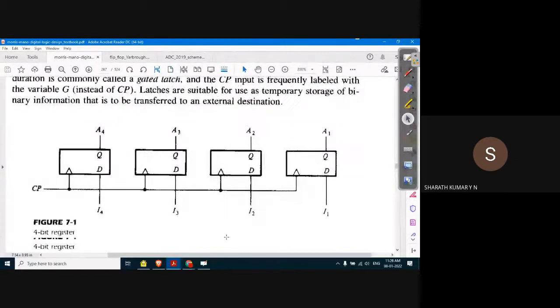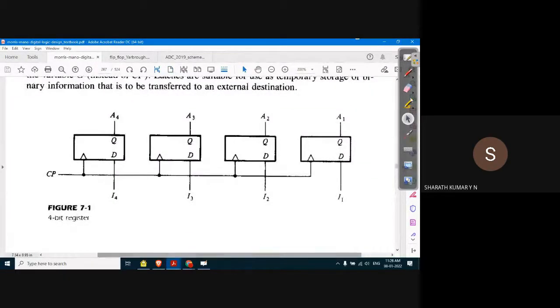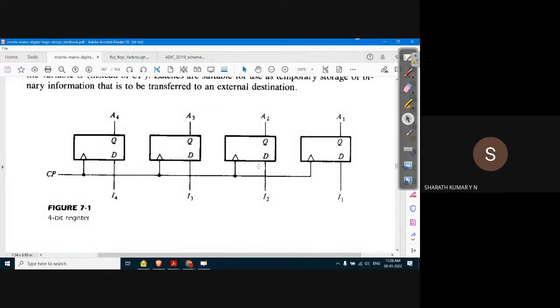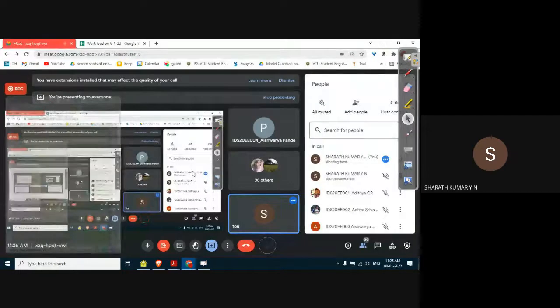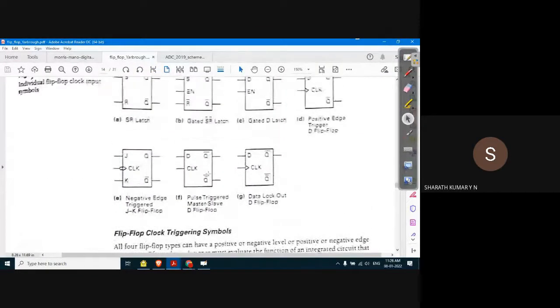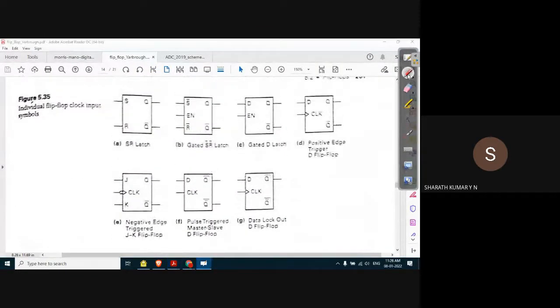What kind of flip flop is it? According to this IEEE standard logic symbol representation, in the absence of the triangle, it would be pulse triggered.